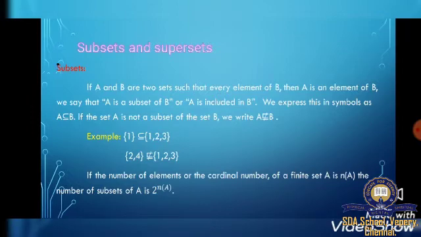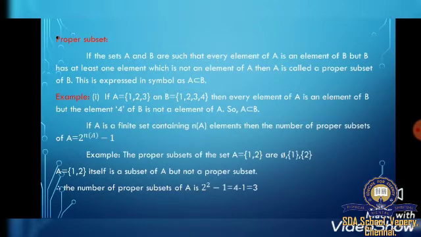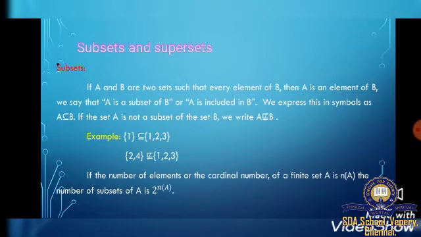Next, we move on to subsets and supersets. If A and B are two sets such that every element of A is an element of B, we say that A is a subset of B or A is included in B. We express this in symbols as A ⊆ B. If the set A is not a subset of the set B, we write A ⊄ B. For example, {1} is a subset of {1, 2, 3}.